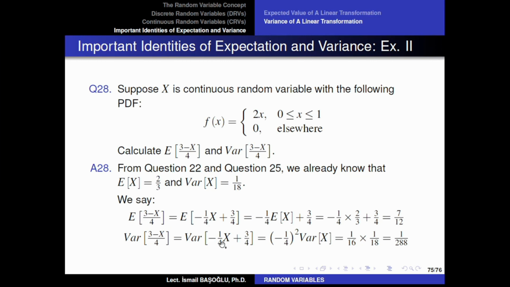However, minus 1 over 4 is effective, and it should get out of the variance as squared. And the square of minus 1 over 4 is 1 over 16. And the variance of x was 1 over 18, as we have solved it in question 25. And the variance of this linear transformation will be 1 over 288.